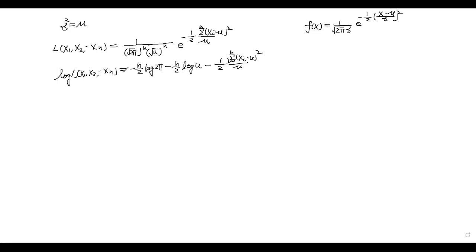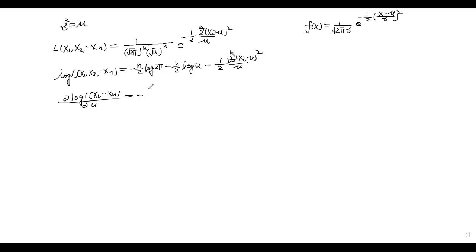Just like we did before, to find the MLE I take the first derivative of the log likelihood with respect to mu. The first term is a constant, so it cancels.